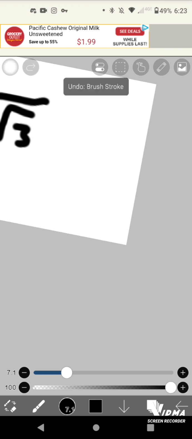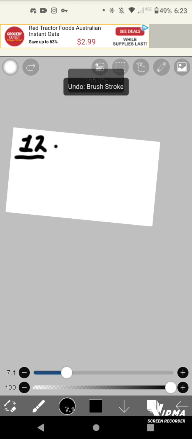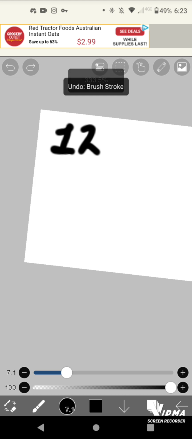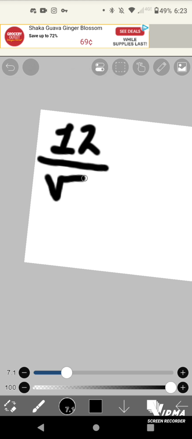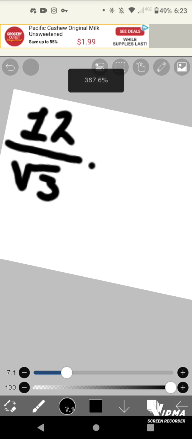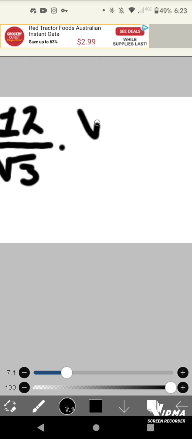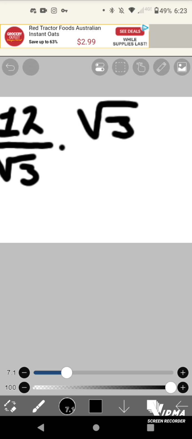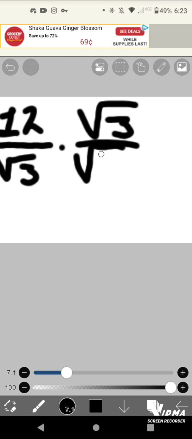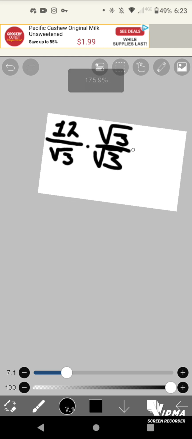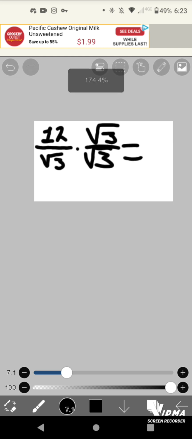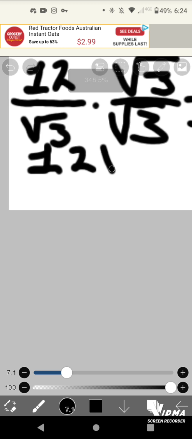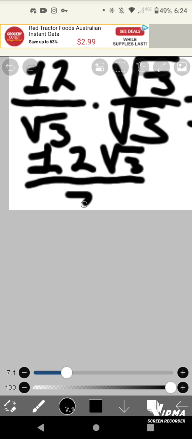They say it's ugly. And so we have to do this thing called rationalizing the denominator. So we got our 12 over square root 3, and we multiply it by our giant 1. Square root 3 on top of square root 3, which equals 12 times the square root of 3 over 3.